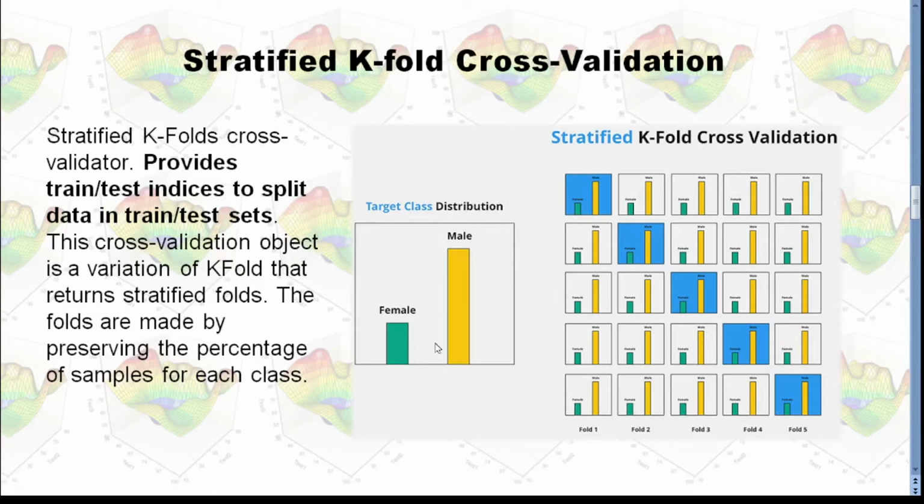For example, in this one you have male at this percentage and female at this percentage, and when you do the cross-validation with stratified k-fold, you will use the same percentage for each class for the testing. That's why it is called stratified k-fold cross-validation.